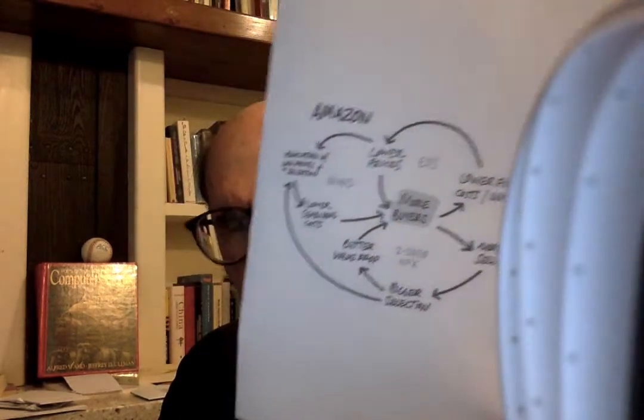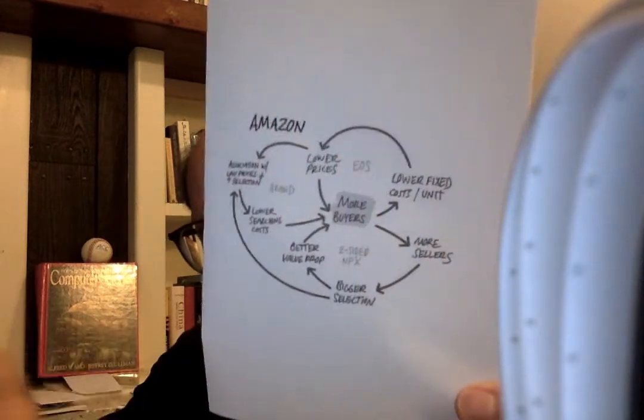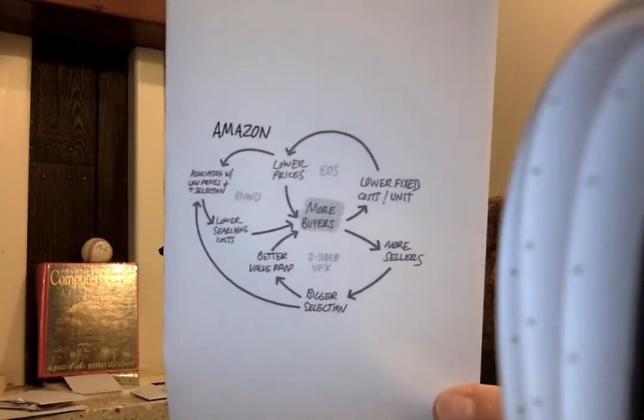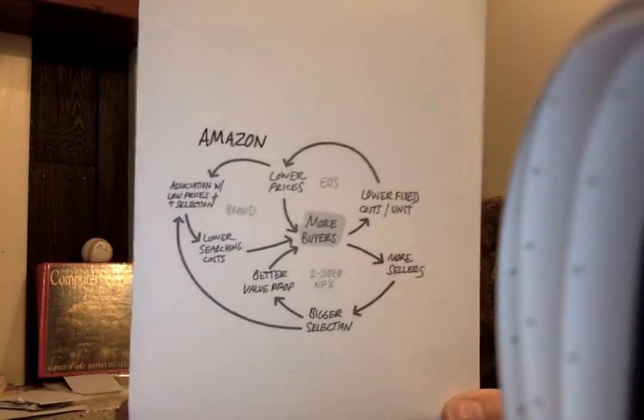They call this a flywheel. A flywheel is what happens in an engine that keeps it going when nothing much is going on. And so you have these business concepts here, with lower fixed costs. That's a business concept, right? Association of low prices and selection, better value, something, I can't actually read it, bigger selection.